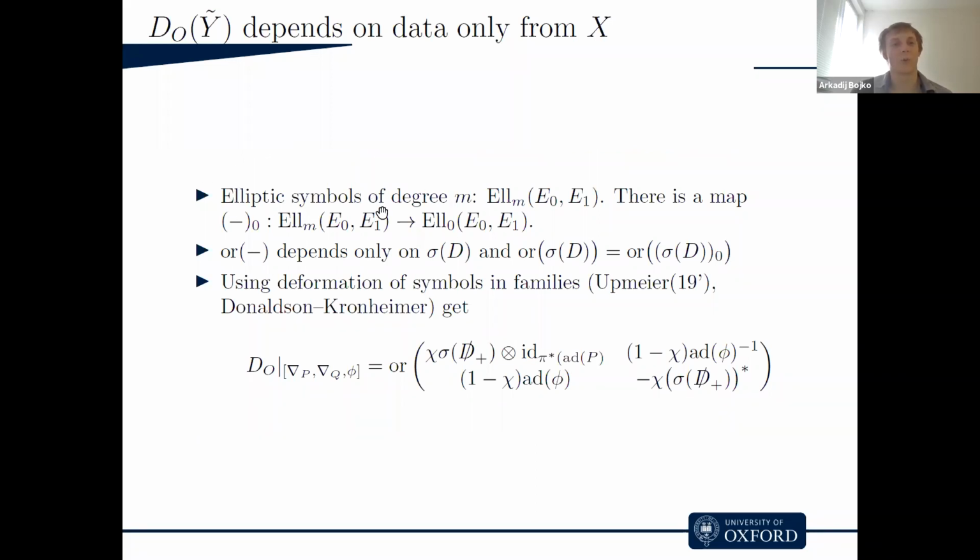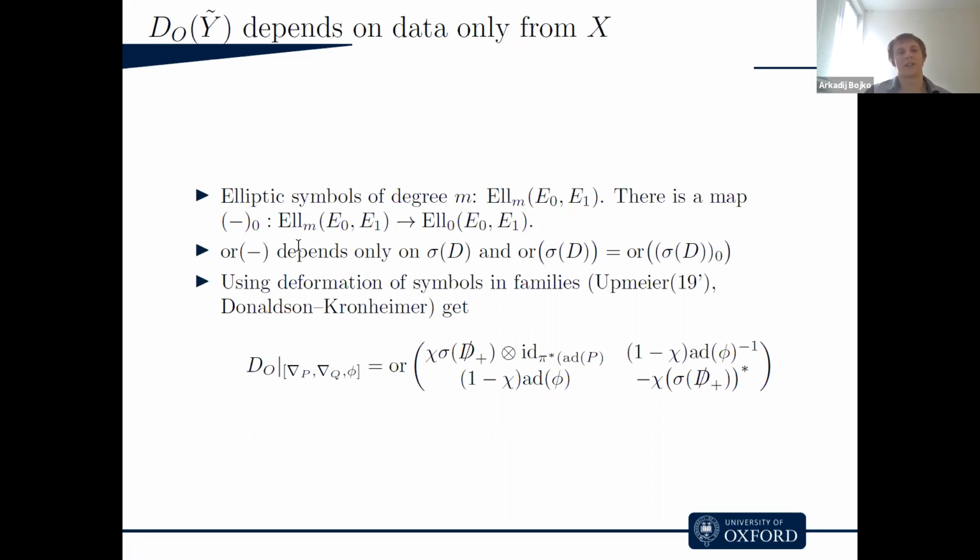There is also a way of reducing each elliptic symbol. I'm sorry, these slides aren't perfect for sure. What I forgot to mention is that I obviously work with elliptic operators and elliptic symbols so that I can take determinants. So this is the notation that I'm going to be using for elliptic symbols of degree m. And there is a map from degree m elliptic symbols into degree 0 elliptic symbols.